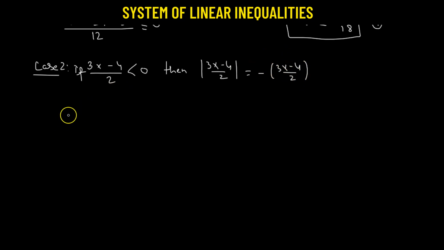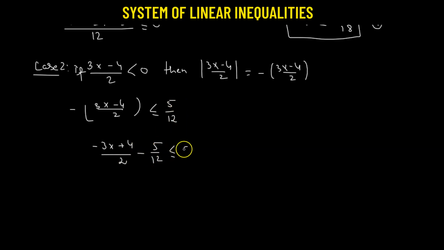Now, our inequality will become negative of (3x minus 4) divided by 2, so that's less than or equal to 5 over 12. Let's multiply with negative, so we have negative 3x plus 4 divided by 2, and we'll transpose 5 over 12 to the left hand side to get minus 5 over 12 less than or equal to 0.